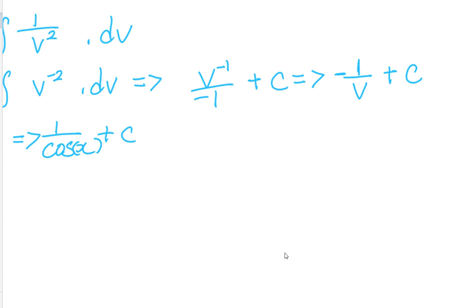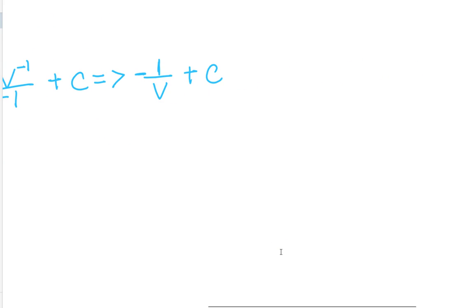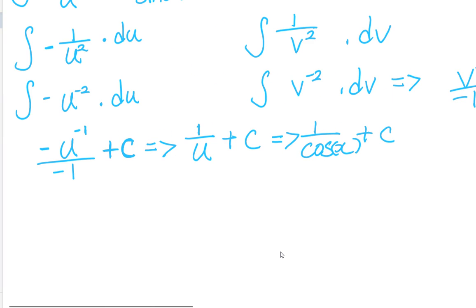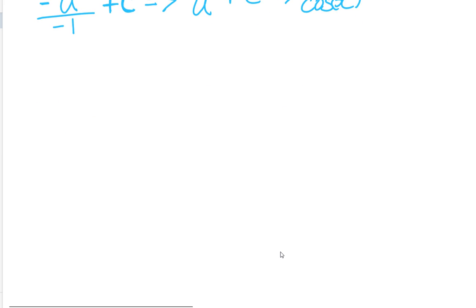And since v is just sine x, this is -1 over sine x plus c. Right? So let's combine them together, because this is one question and we just separated them to do it separately, so it's good to write the whole question again.